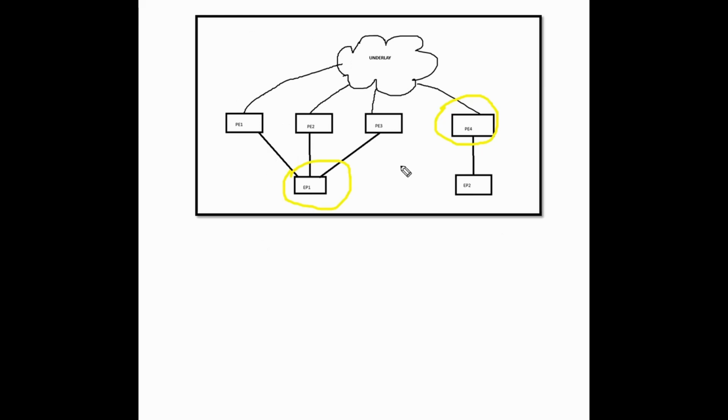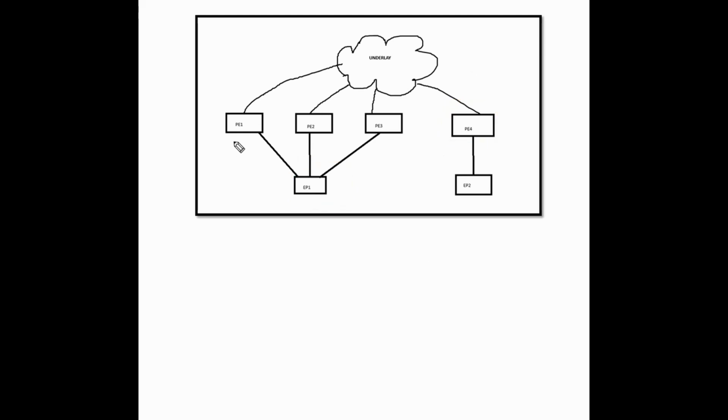This is where things might get a bit confusing, because with route type 4, the PEs discover other PEs that are connected to the same endpoint, and with route type 1, the remote PE figures out that a remote endpoint is connected to more than one leaf switch, so it's multi-homed. So this is where we use the Ethernet Auto Discovery Route, or route type 1.